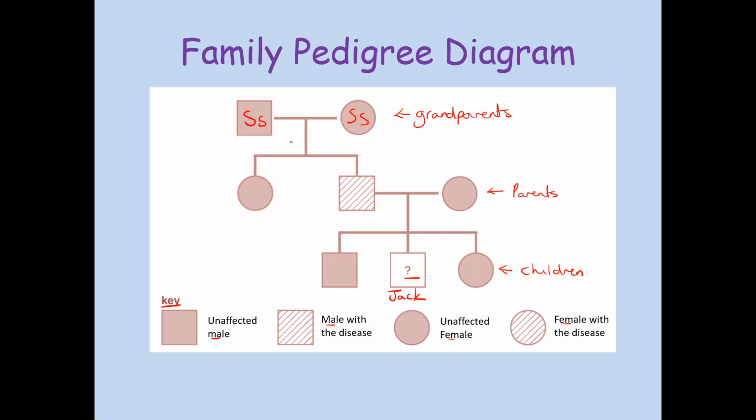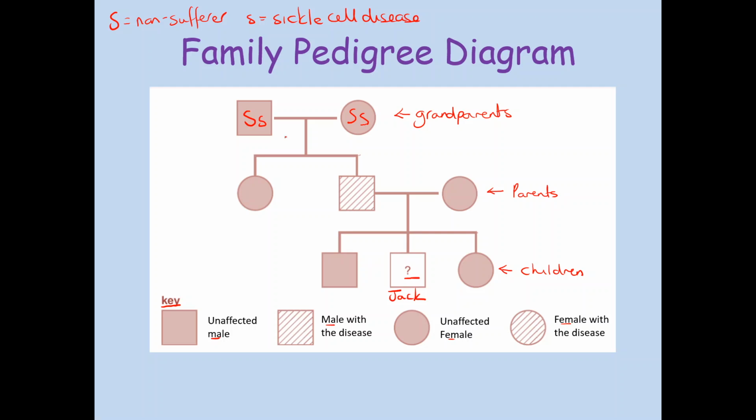Okay, so capital S up here is a non-sufferer, and the lowercase s is the allele for sickle cell disease. It could be absolutely any disease that we're looking at.